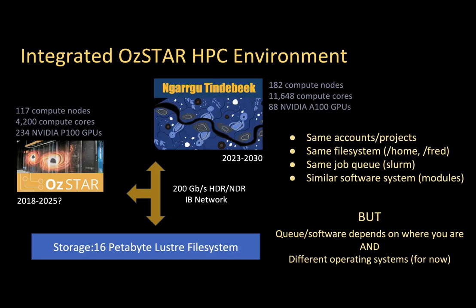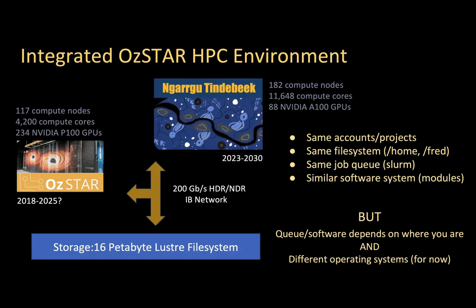We'll be upgrading the OzSTAR operating system to match that of Ngagu Tinderbeek. So at that point, we will then merge the software stacks. So if you are in the habit of using OzSTAR, now would be a good time to start testing your code on Ngagu Tinderbeek and make sure that it works there, and sending us any requests or queries if it doesn't. But after September 2023, they will be running the same operating system.